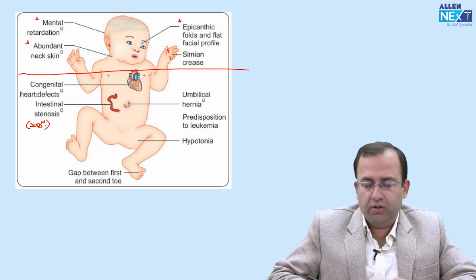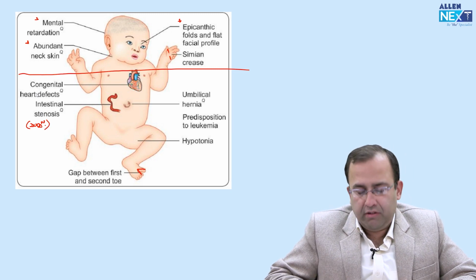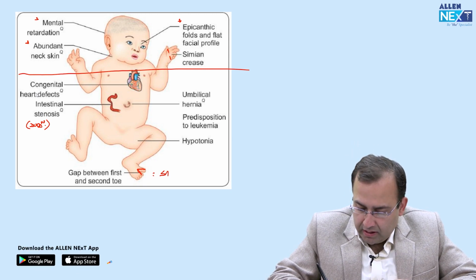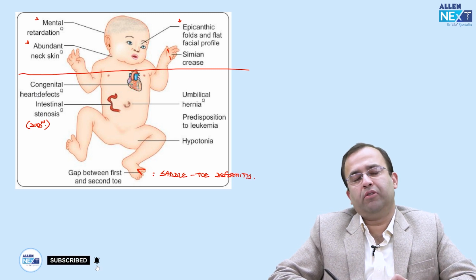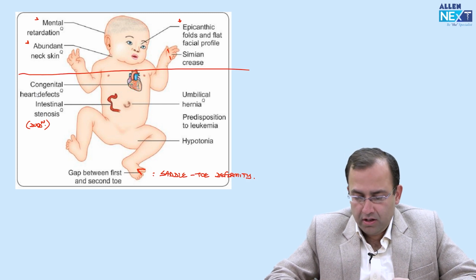It is associated with duodenal atresia. Increased gap between first and the second toe, giving it the classical saddle toe deformity.